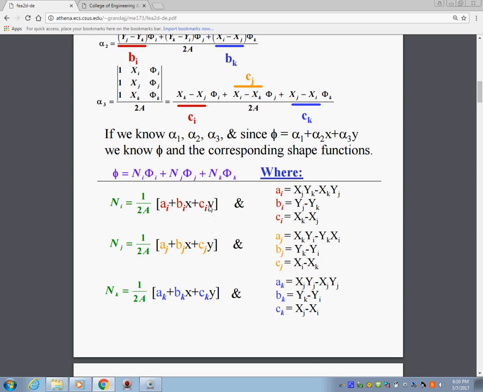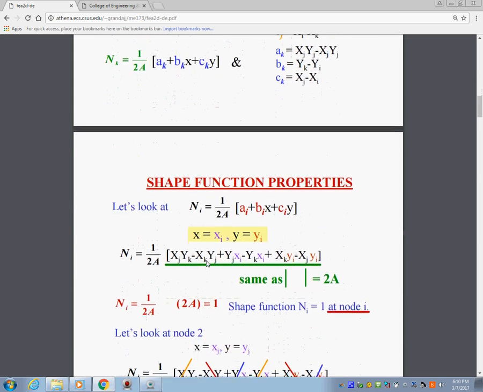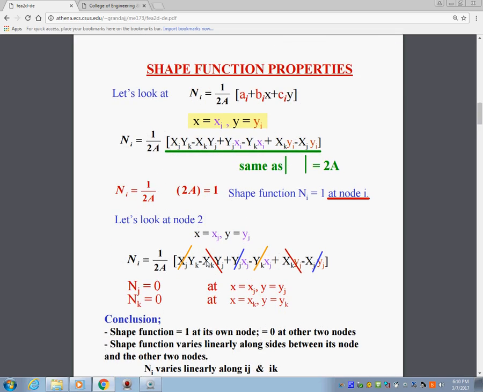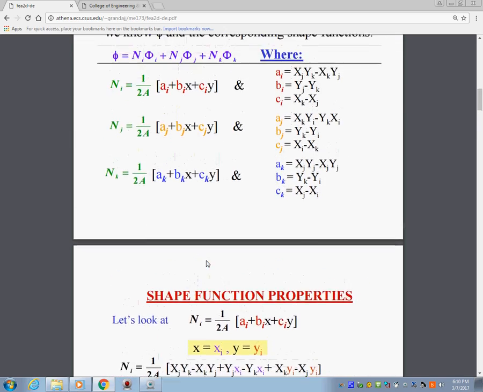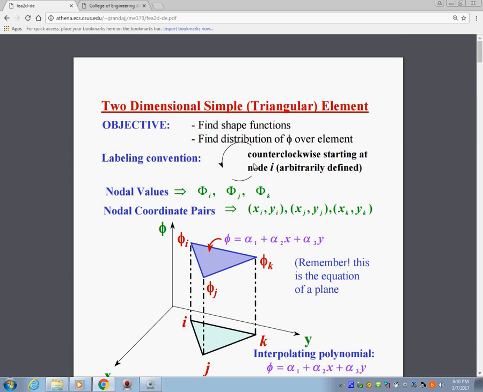And all these are dependent on the geometry. We start there. We know what the dimensions of the finite elements are. So that fulfills one of the objectives.